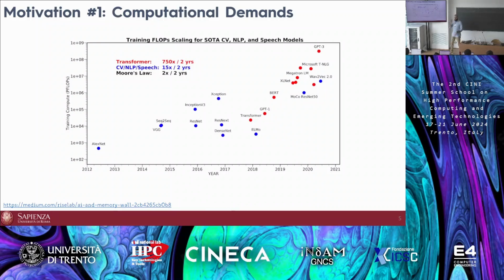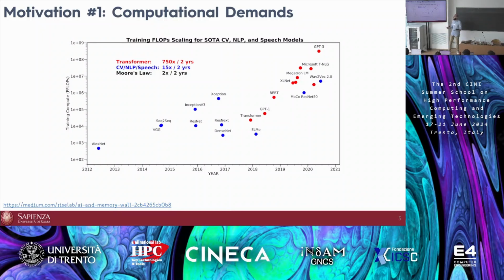I think that some of you might have already seen this picture. We have on the x-axis the year, till 2021, and on the y-axis the amount of computational power that you need to train some of these big models. There are language models, there are transformers, there are several things. As you can see here, the computational requirement of these models increased by like 700 times every 2 years, or like 10 times every 2 years.